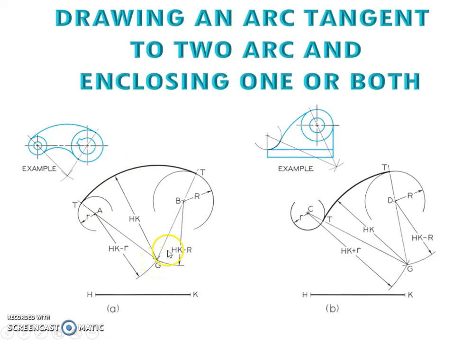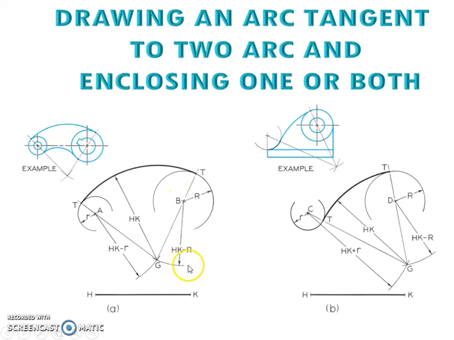What you have to do is subtract the R value from HK. Why? Because the point is below this arc, so you have to subtract the value of this radius. So you take HK minus the value of R.